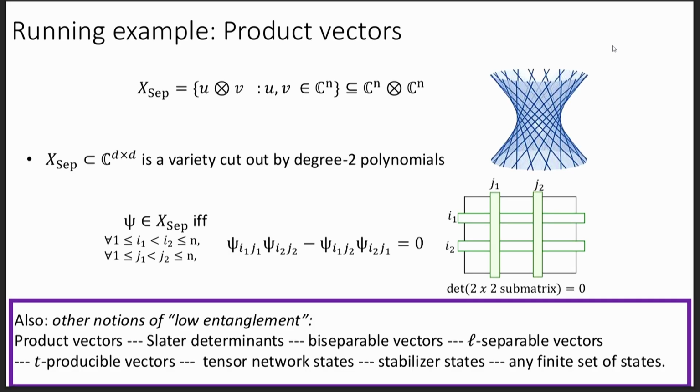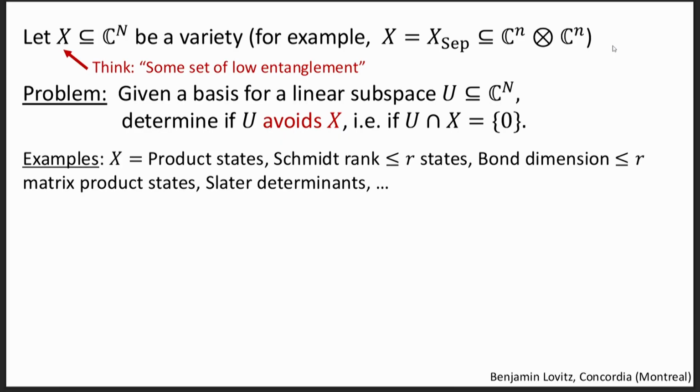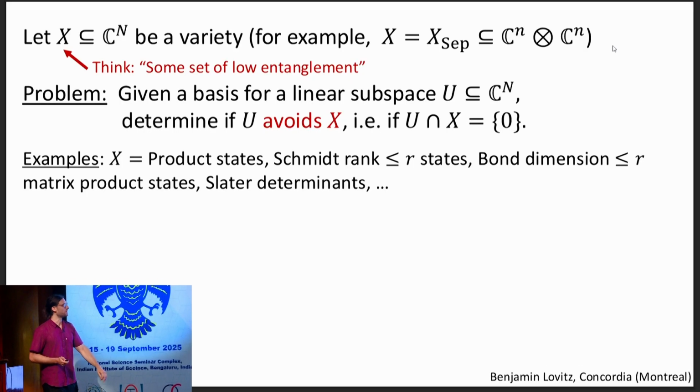Tensor network states: if you fix a graph and the bond dimension, the set of tensor network states of that bond dimension forms an algebraic variety. The set of stabilizer states forms an algebraic variety, and more generally, any finite set of states. This gives you a lot of structure when you have a set defined by polynomial equations.